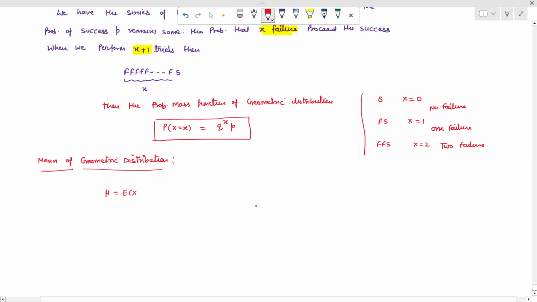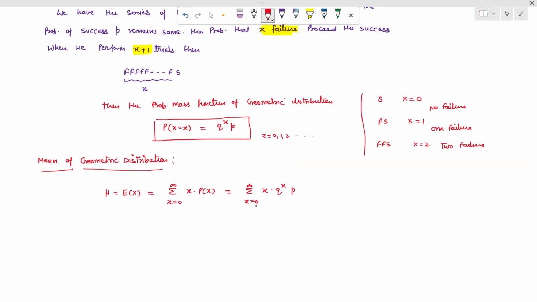Mu is equal to the expectation of x, which is the summation over x equal to 0, 1, 2, 3 and so on, up to infinity, of x into p(x), where p(x) is the probability mass function of the geometric distribution.